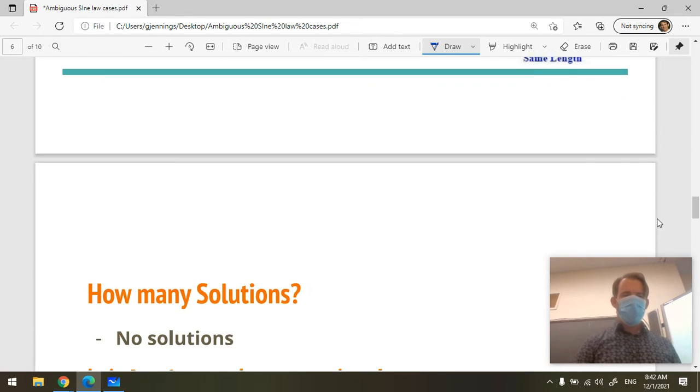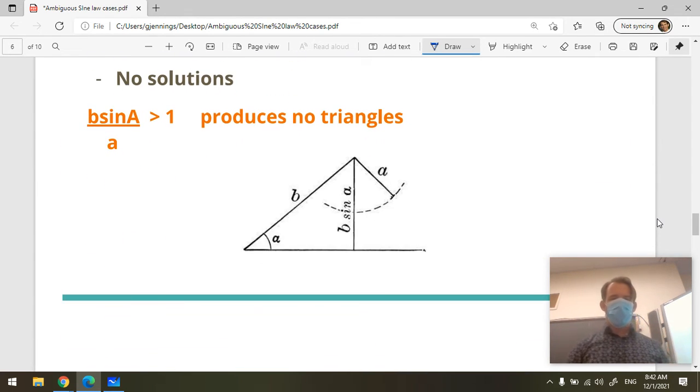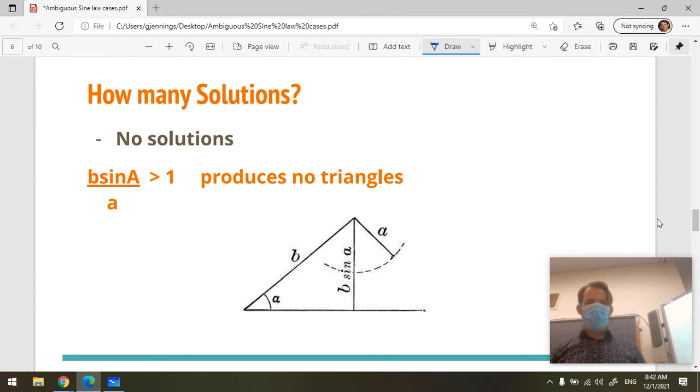The last situation that you could have is where there is no solution. And that's going to be created when you impose a value on the sine that's bigger than 1. Because sine's maximum value is 1, if you're asking your calculator to do this, like you say, okay, I've rearranged sine A over A equals sine B over B, and then I move this B over here.